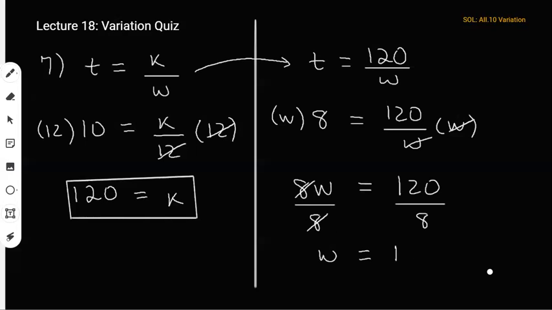That's going to combine with the 0 to give me 40. And 8 is going to go into 40 5 times. So 15 is going to be my answer. Okay, so that's number 7.